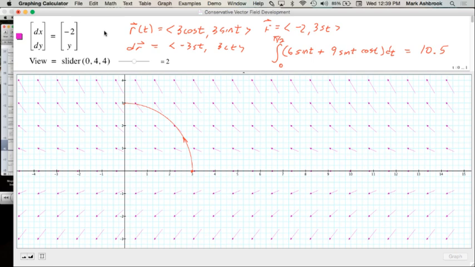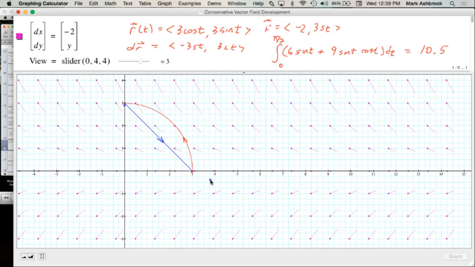Okay. So now I want to do a new path. I want to calculate the line integral starting at that ending point. I want to know the line integral from here to here along that blue straight line path.